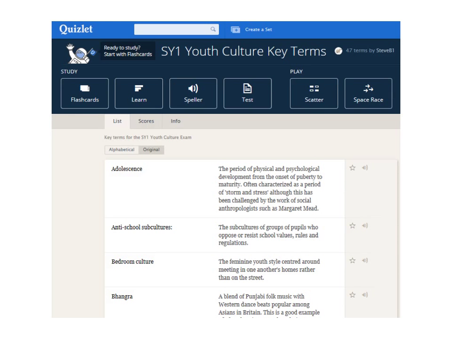So in both of the model answers that we've looked at, we've seen the importance of using key sociological concepts. So learning the key terms for this particular unit, in fact in any sociology unit, is really important. And to help you get on top of the jargon for this particular unit, I've created this Quizlet set of flashcards that have got definitions of some of the most important concepts to memorise for the youth culture section.